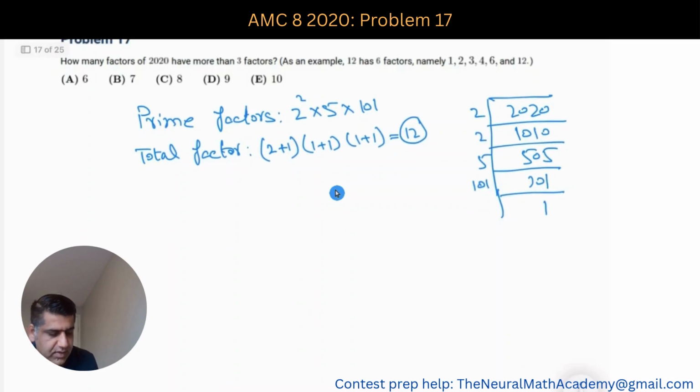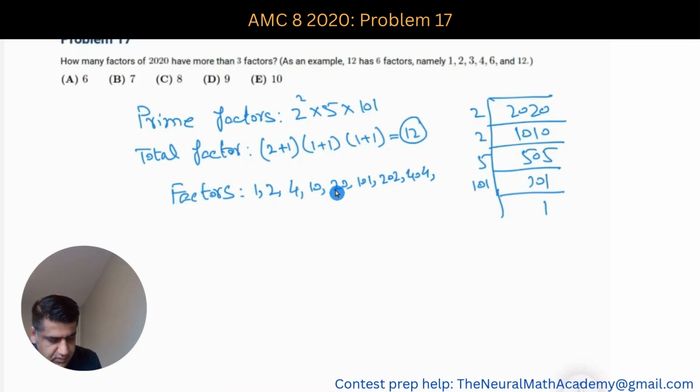So now I will write all those 12 factors, and from them I will find out which numbers have more than 3 factors. So if I list down the factors for 2020, the first one is definitely 1, second is 2, 4, then I have 10, 20, 101, 202, 404.